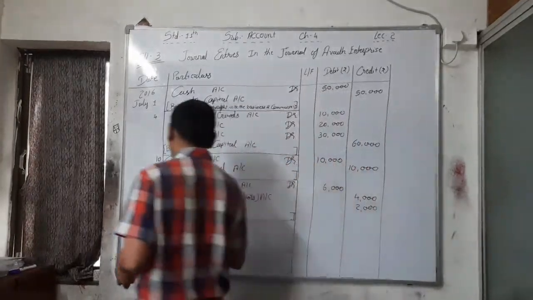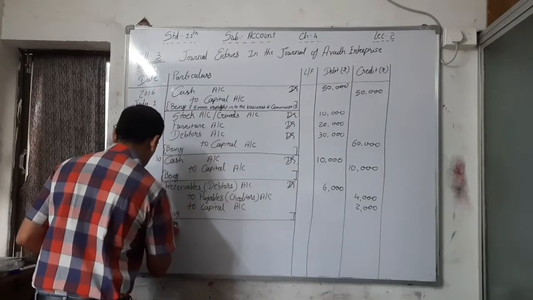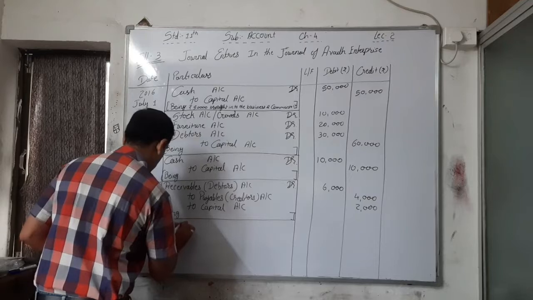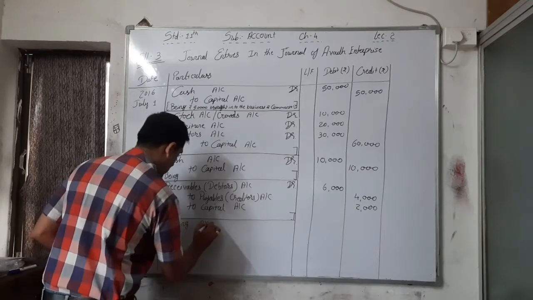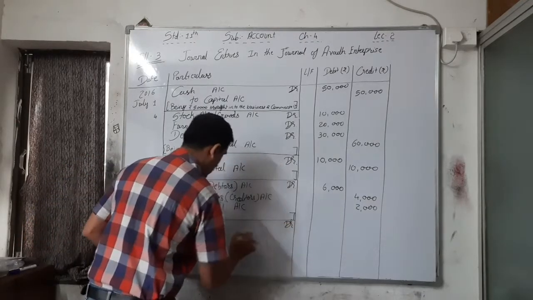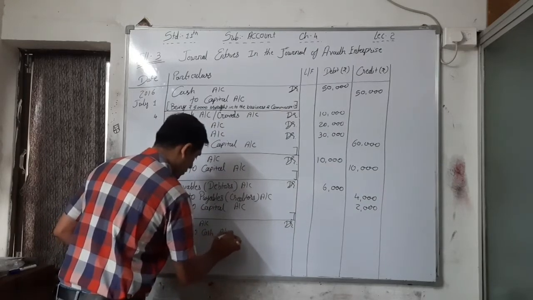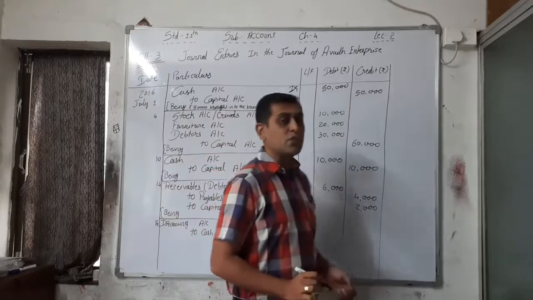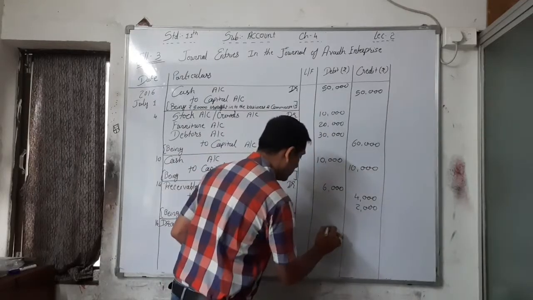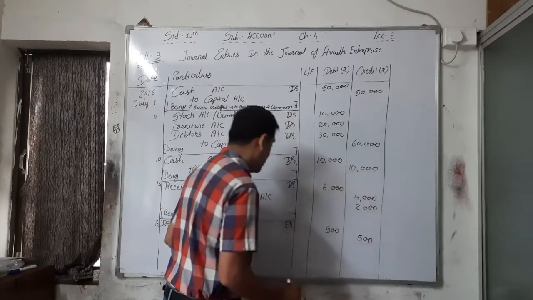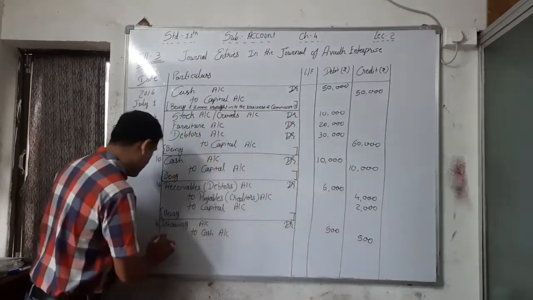Okay, so 16. Drawing account debit, rupees 500, to cash account, rupees 500.